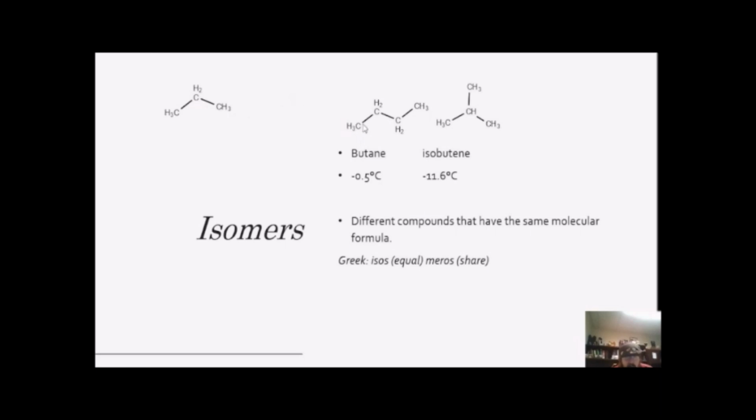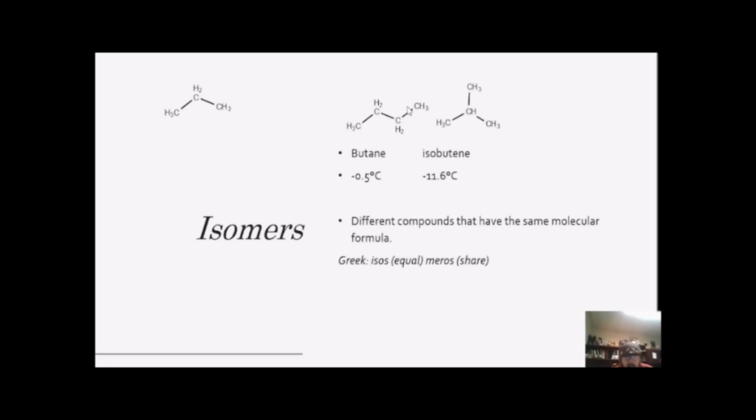We could have the linear straight chain butane. So you see primary, secondary, secondary, primary. The boiling point of butane is negative 0.5 degrees Celsius, so it boils very, very easily. Isobutane, which is an isomer, that's the iso, instead of a straight chain, has a branched group. So what happened?